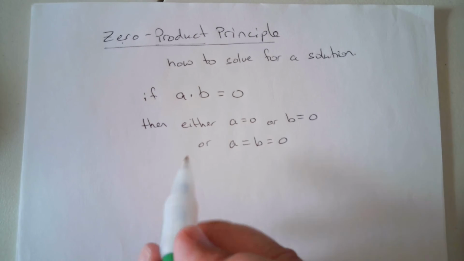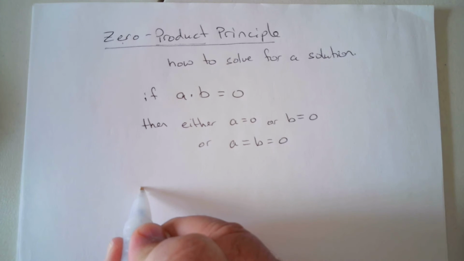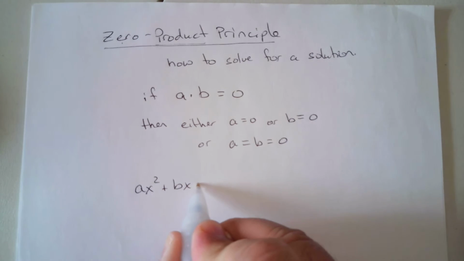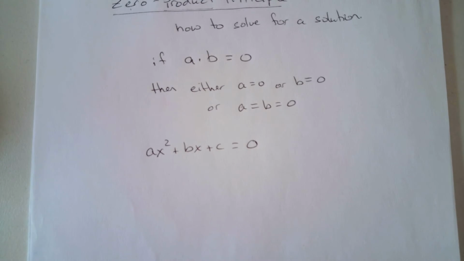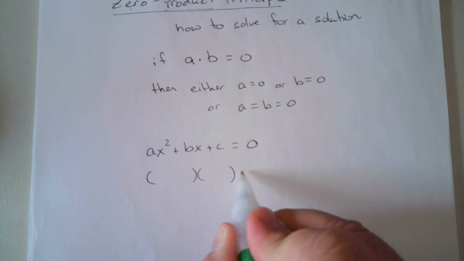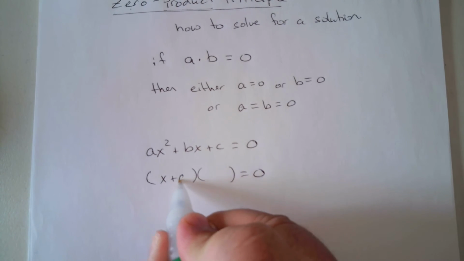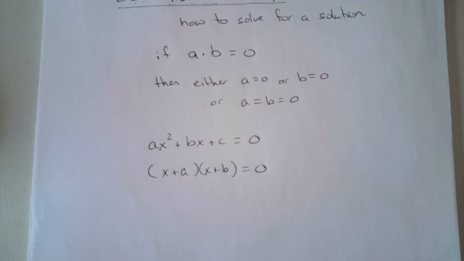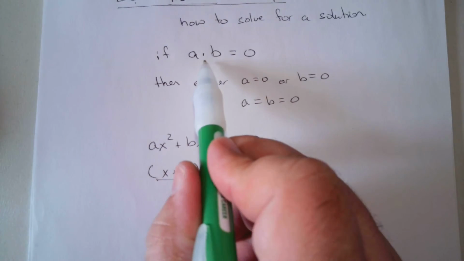So how this relates to our purpose in this section is we start off with a quadratic equation. Let's say we're factoring. After we factor, we'll get two equations. Let's say x plus a and x plus b, a times b.